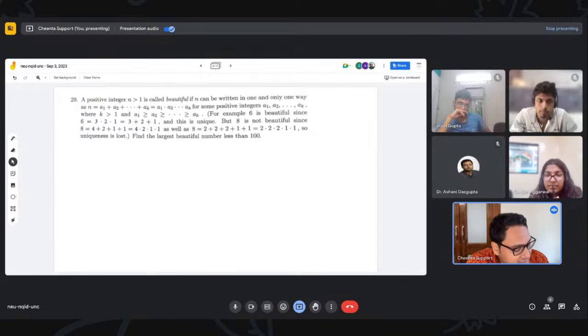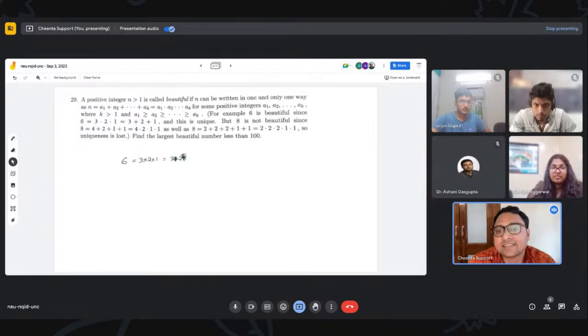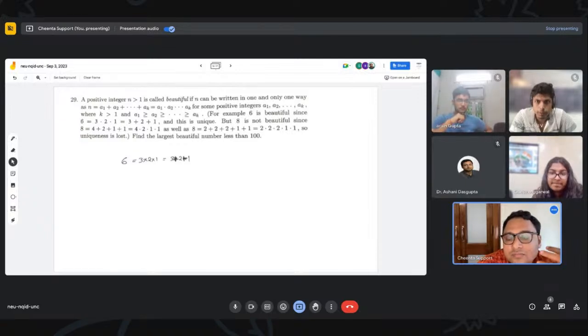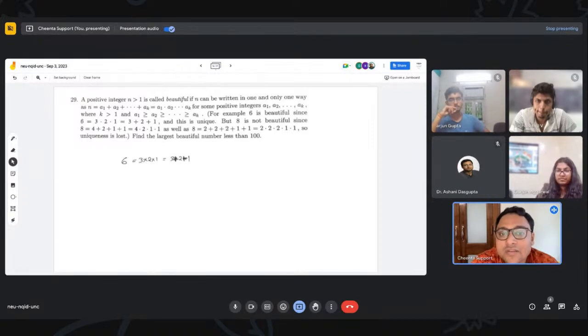For example, 6 is beautiful because 6 is 3 times 2 times 1, and it's also equal to 3 plus 2 plus 1. So you can write 6 in only one way, 3 times 2 times 1 and 3 plus 2 plus 1. You cannot write 6 in two different ways.